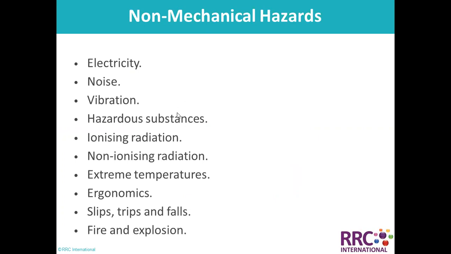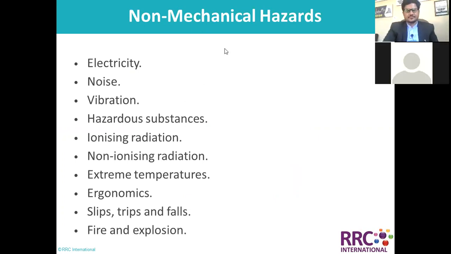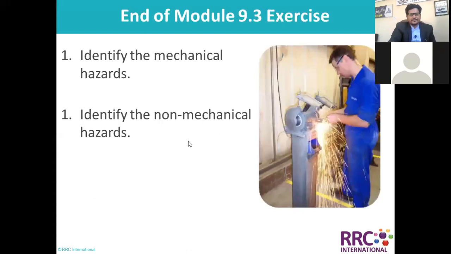So these are some examples of non-mechanical hazards: electricity, noise, vibration, hazardous substances, ionizing radiation, non-ionizing radiation, extreme temperatures, ergonomics, slips and falls, and fire and explosion.